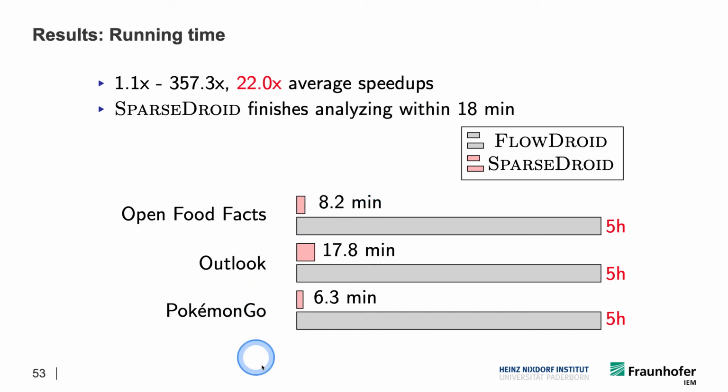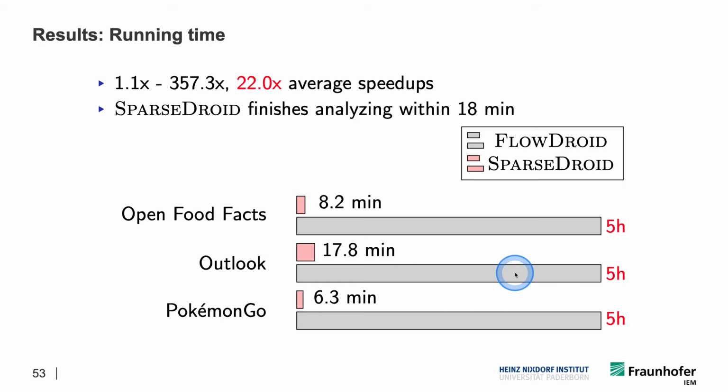In particular, now if you look at these 3 example apps that they chose here on their slide, you will see that FlowDroid actually timed out on these apps. So after 5 hours, it was still not finished, despite the large amount of memory that was given to both tools. Whereas SparseDroid actually finished within a reasonable amount of time, right?